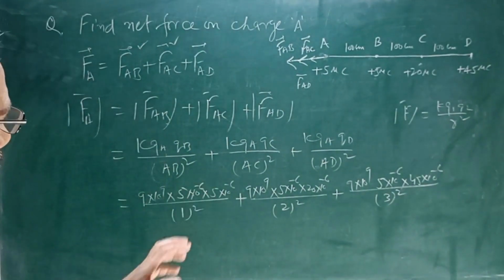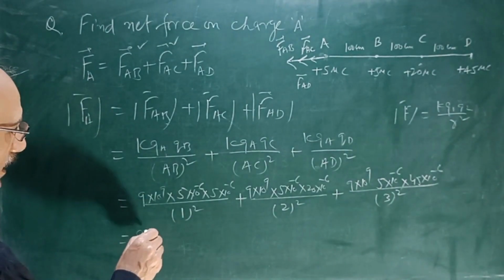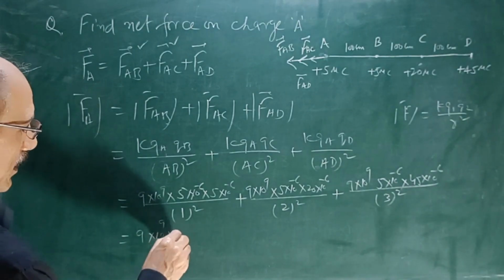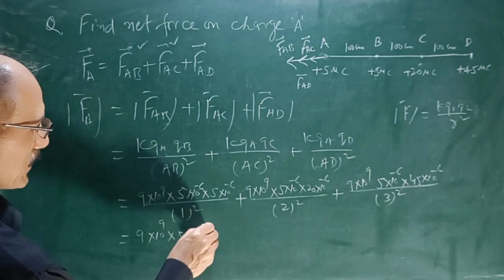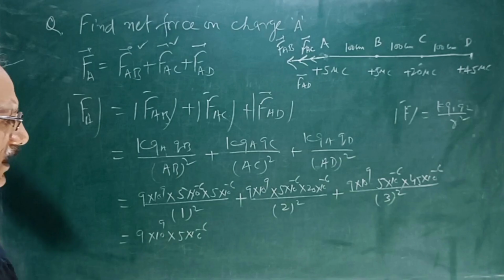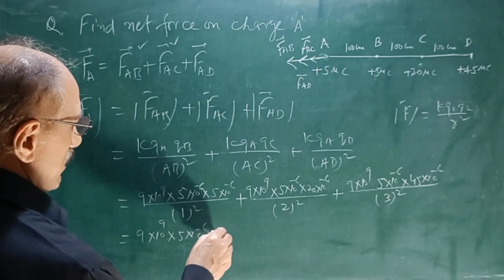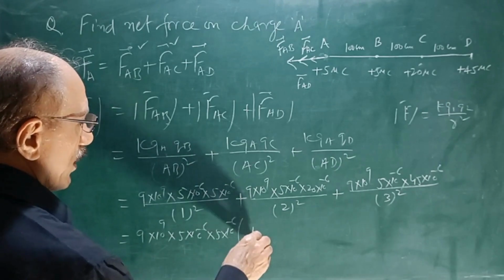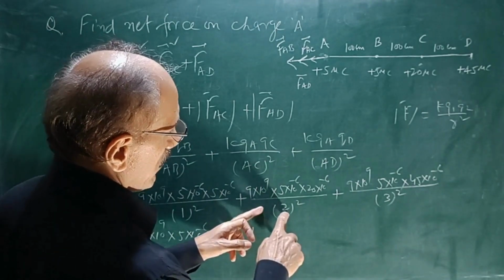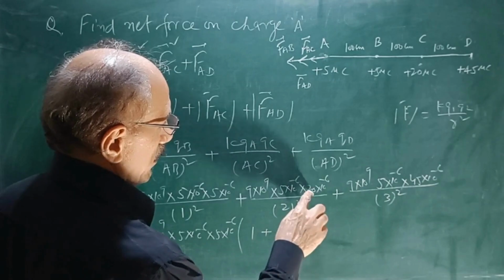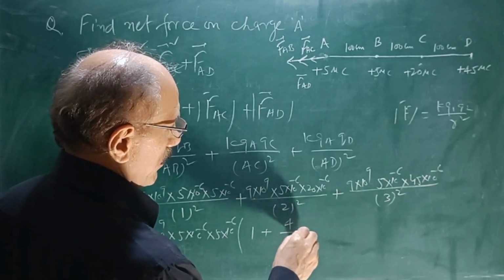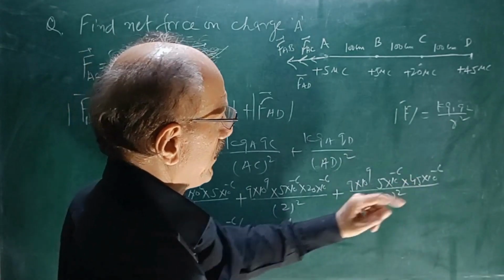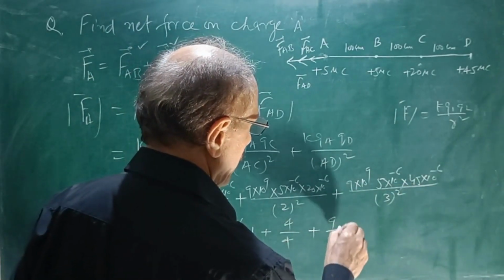So here you can take common 9 into 10 to the power 9 into 5 into 10 to the power minus 6. Even you can take this 5 into 10 to the power minus 6. So here you will get 1, here you have 4 upon 4, here you have 5 and 9 here, so here it is 9 by 9.